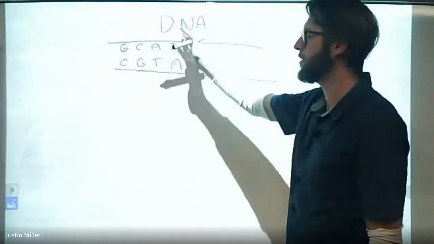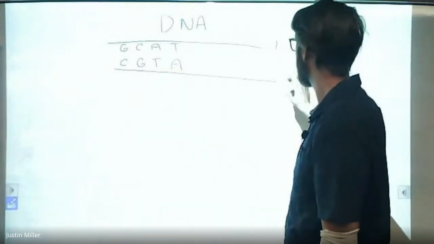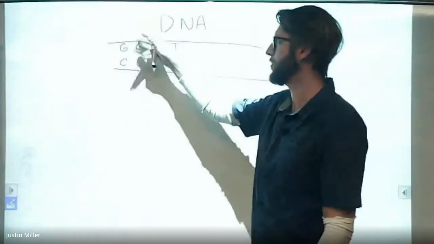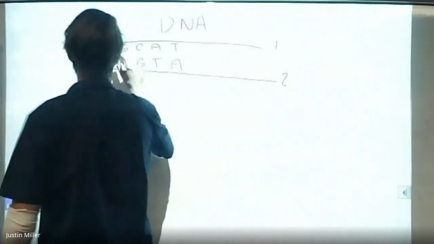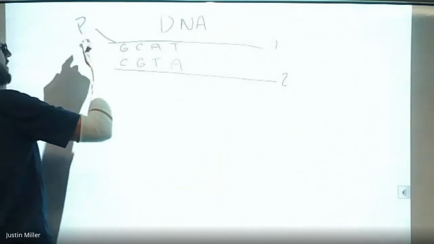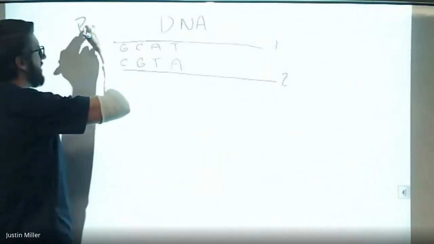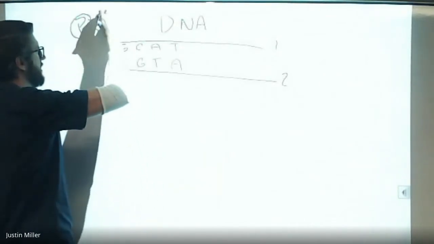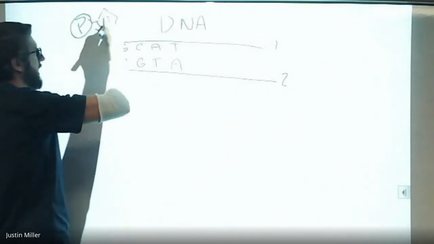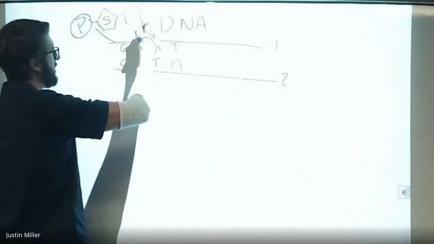So as we know, DNA is two backbones of nucleotides. Every nucleotide has a phosphate group, a sugar molecule, and a third thing that's the base.